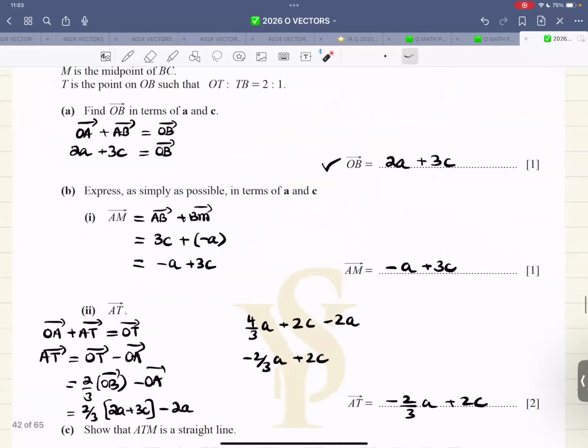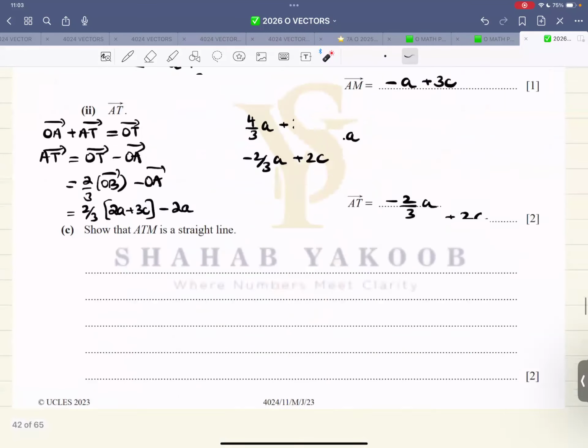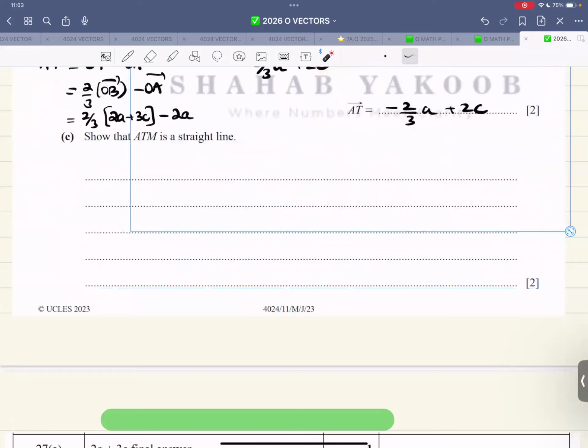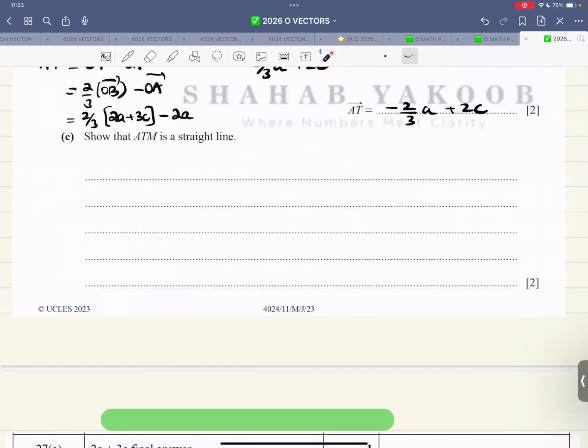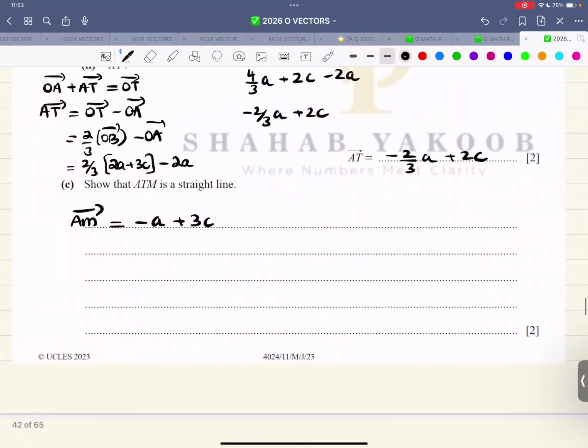Let me write AM again. That is minus A plus 3C. Let me write AT once more. That is minus 2/3 A plus 2C.